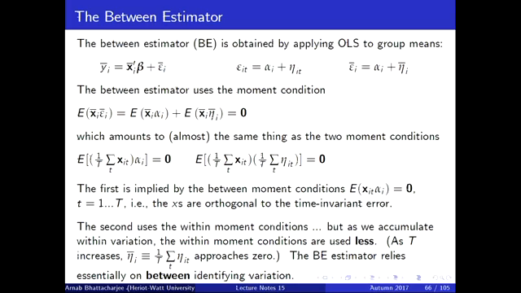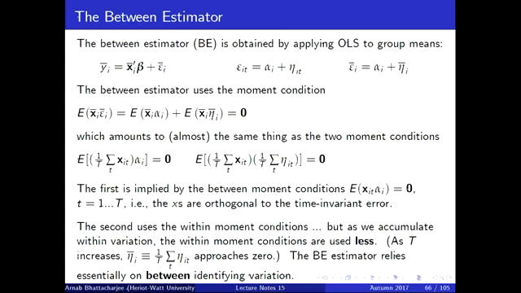This one is relatively innocuous, because under the assumptions of our error components model, this term was purely idiosyncratic. But this one is potentially problematic. So, these are the two moment conditions.